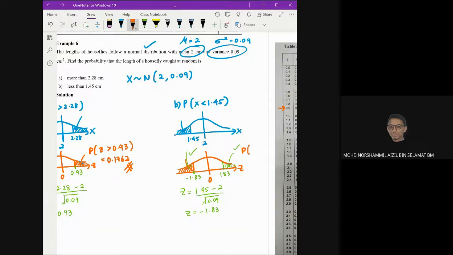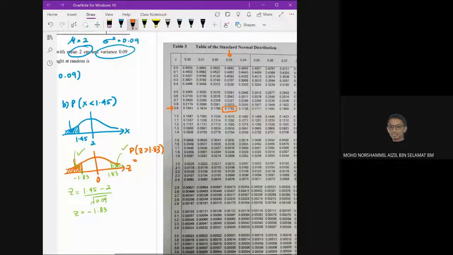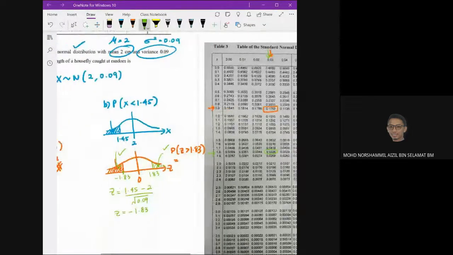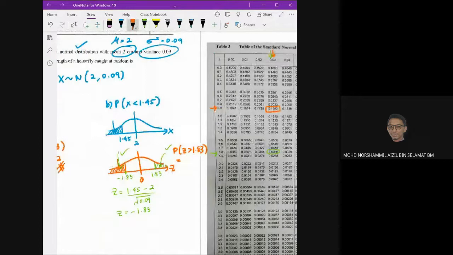Probability of Z greater than 1.83 will be what? 0.0336. Then from the table, 0.0336.